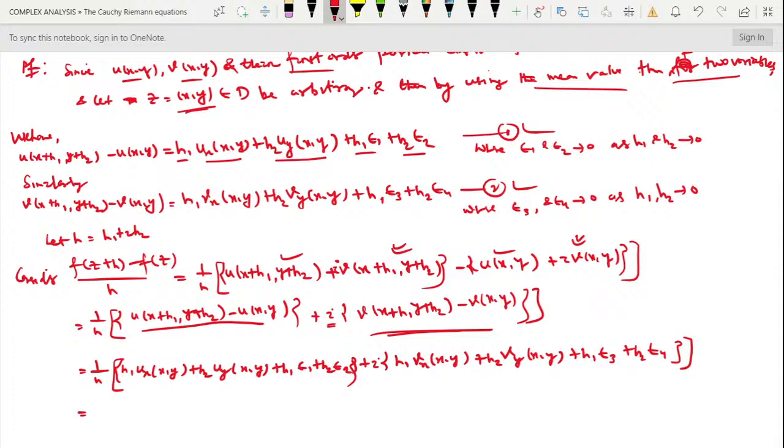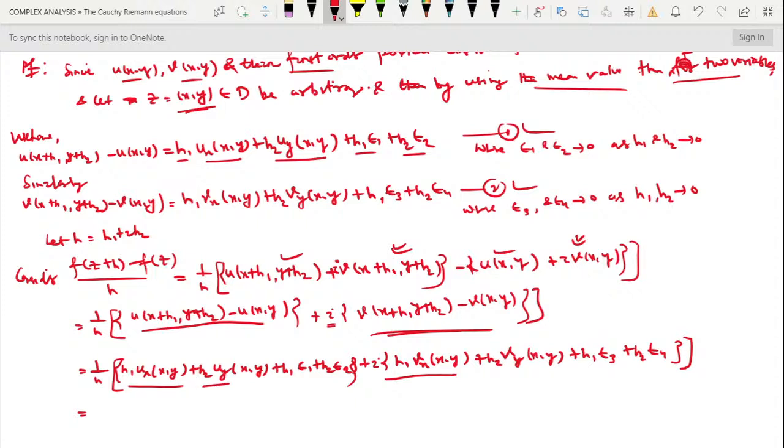Then combining real part with real part and imaginary part with imaginary part, this is h1 ux at (x, y) and h1 I times vx.